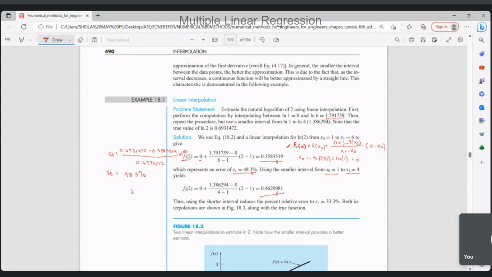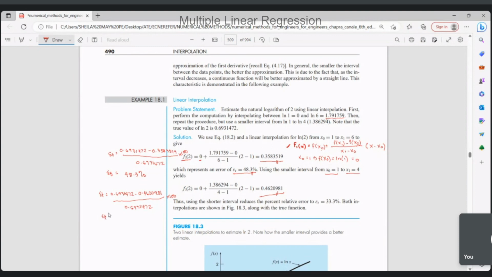And getting the error, that's 0.6931472 minus 0.462091, all over 0.6931472, multiplied by 100.